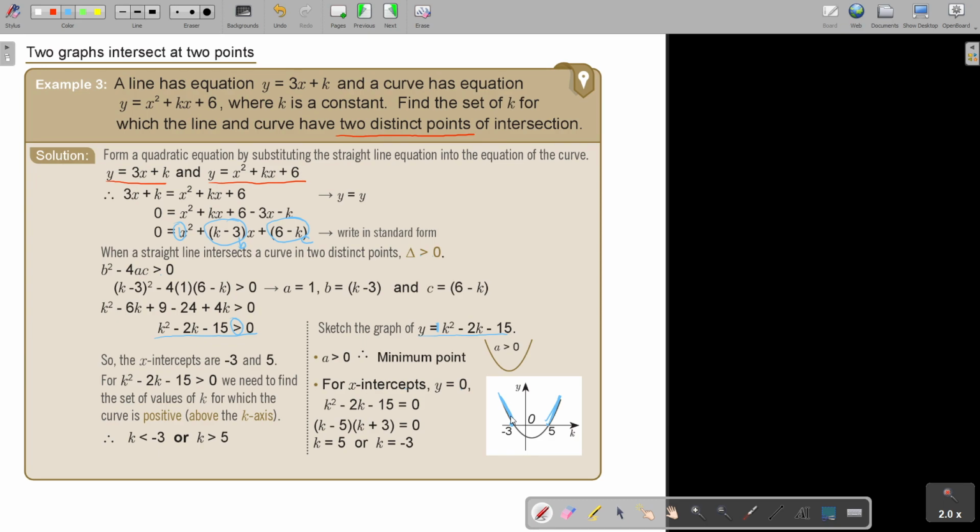So therefore, k is smaller than -3, or k is bigger than 5. And that's how you do it. It's just a little bit extra, a bit more difficult due to the inequality sign.